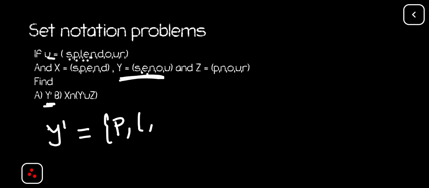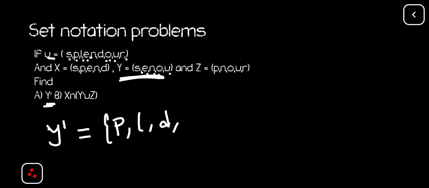What about N? It's here and also here, so it's not. D is in the universal set, but not in Y, so D is a complement. What about O? It is in Y and also in the universal set, so it's not a complement. U is in the universal set and also in Y, so it's not a complement. And R?